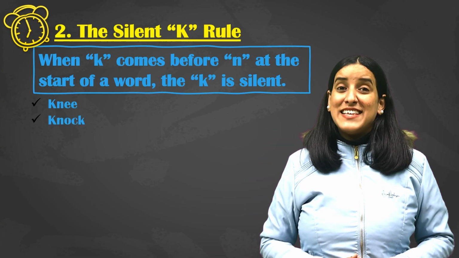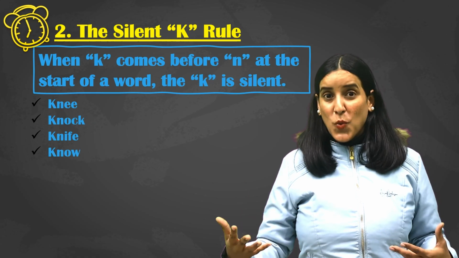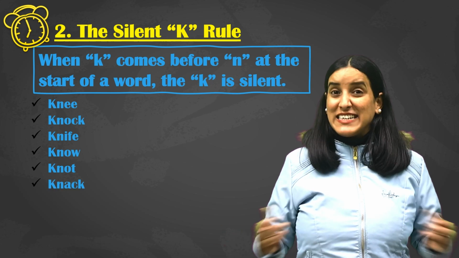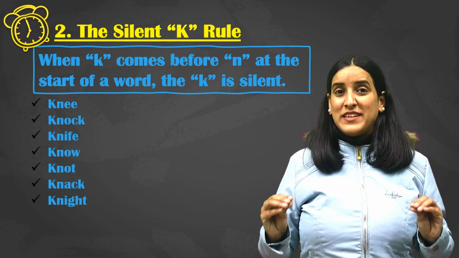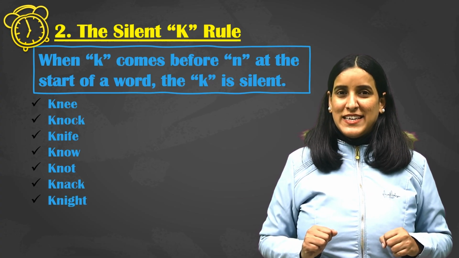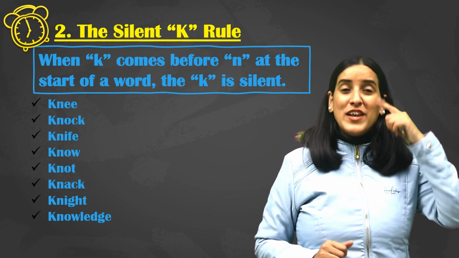What about this one? Knock, right? This is knife. This one is no. Not. Knack. Again, there is silent K in this one. What about this one? How do you pronounce this? Night, right? This one is knowledge.